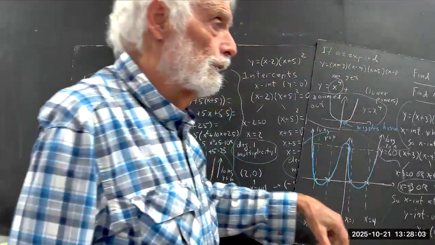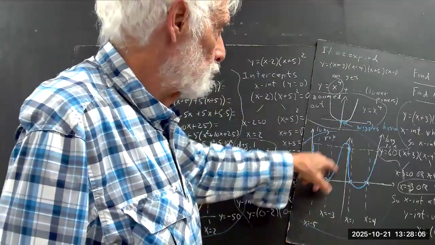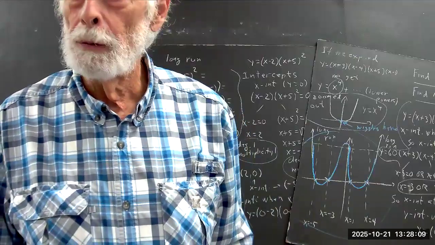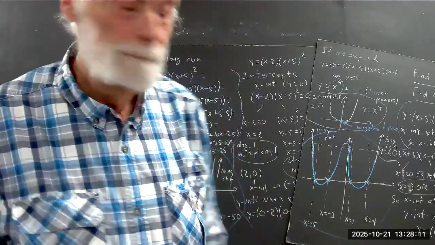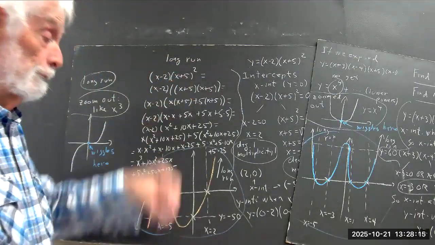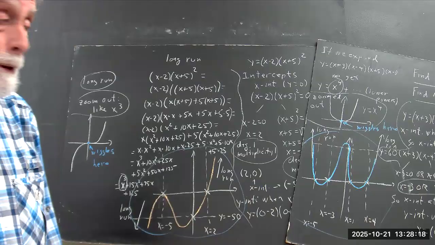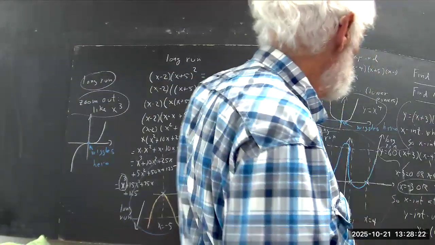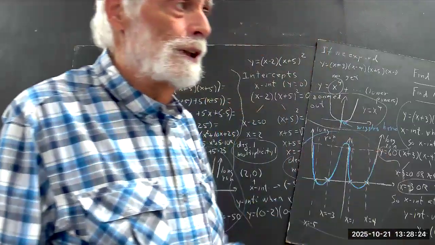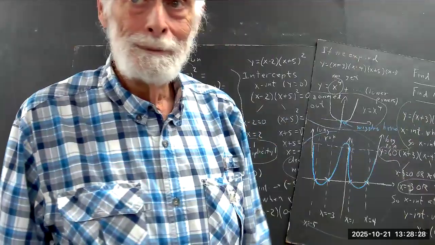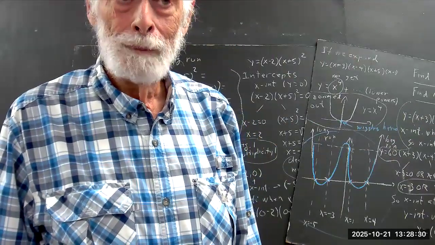Okay, it's kind of lopsided there, but you see we got a turning point here, a turning point here, and a turning point here. It's got to turn 3 times to get through those zeros. This one only had to turn twice. Well, this function had 4 zeros. To get through 4 zeros, you got to turn 3 times. That's all there is to it. Okay?